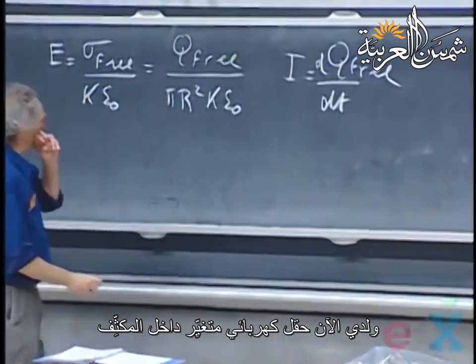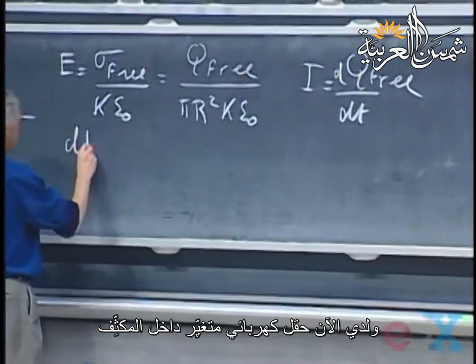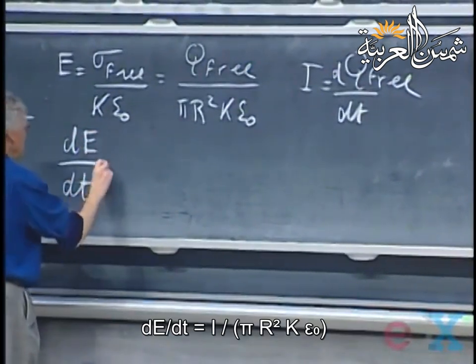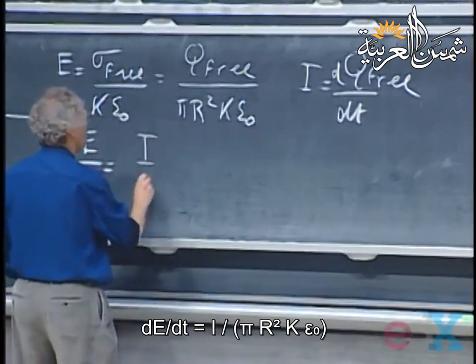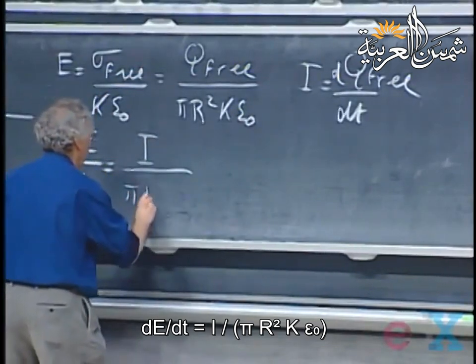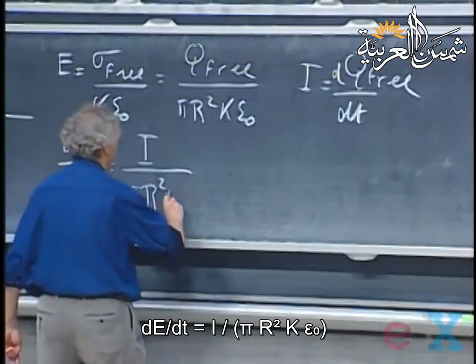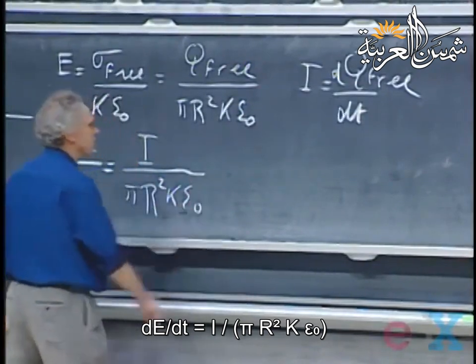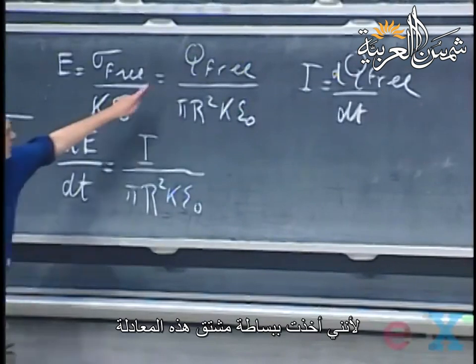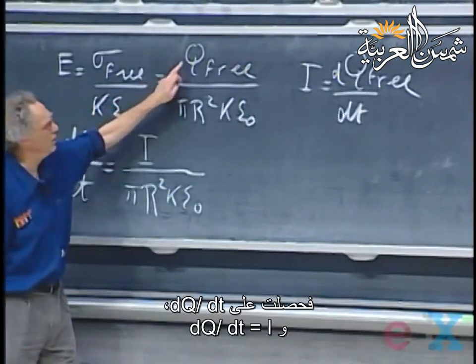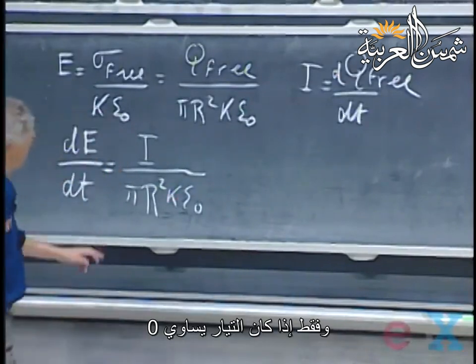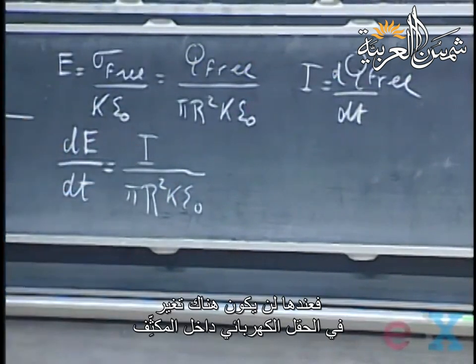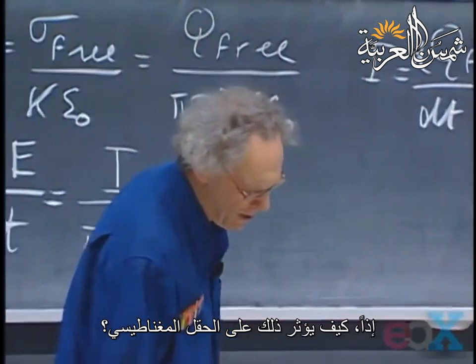And so I now have a changing electric field inside, dE dt, which is the current I divided by pi r squared kappa epsilon 0. Because I simply take the derivative of this equation, I get dq dt, and dq dt is I. And only if the current is 0 is there no changing electric field inside.